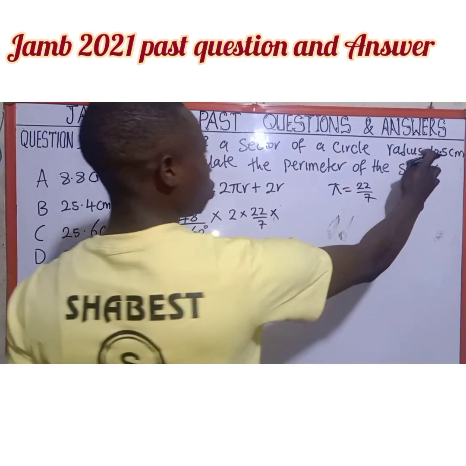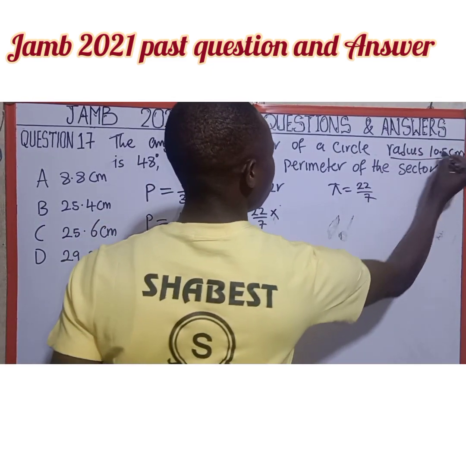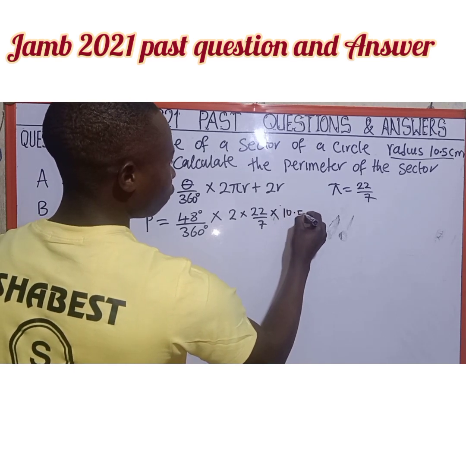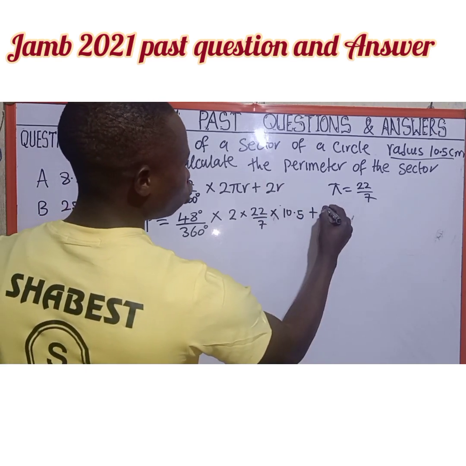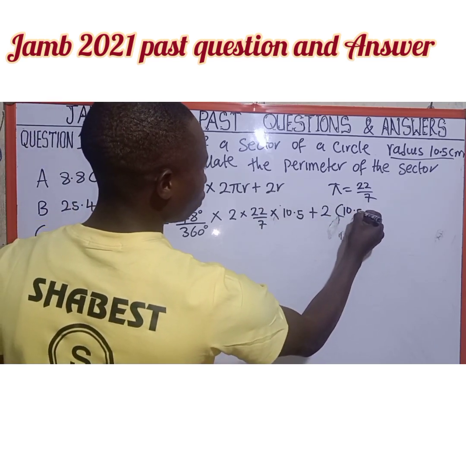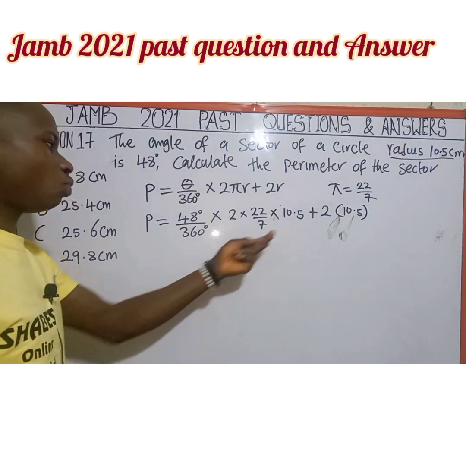The radius from the question is 10.5, so multiply by 10.5, then plus 2 multiplied by the radius again, which is 10.5. So this is what we have here.